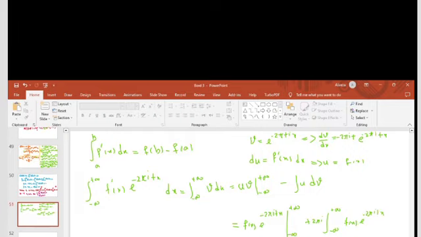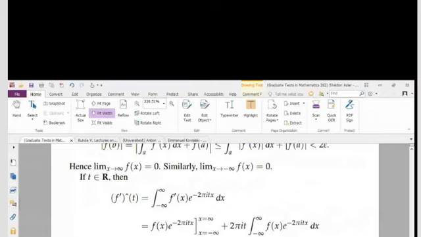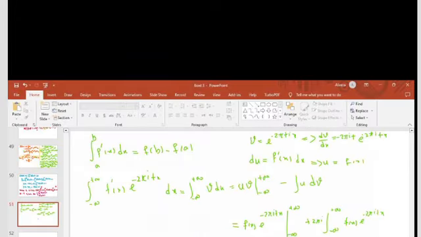Okay, but this is equal to 0 and this is f hat of t, so that f prime hat of t equals 2 pi it f hat of t.